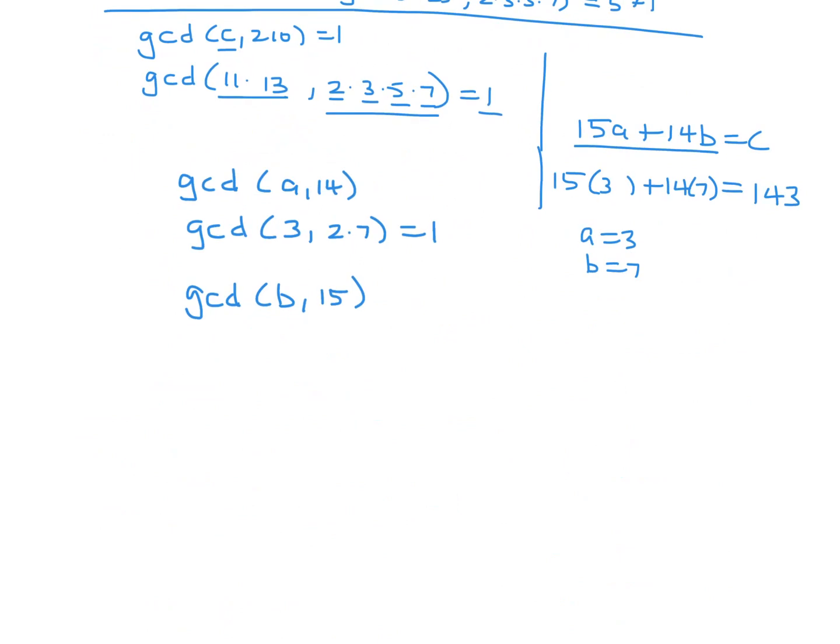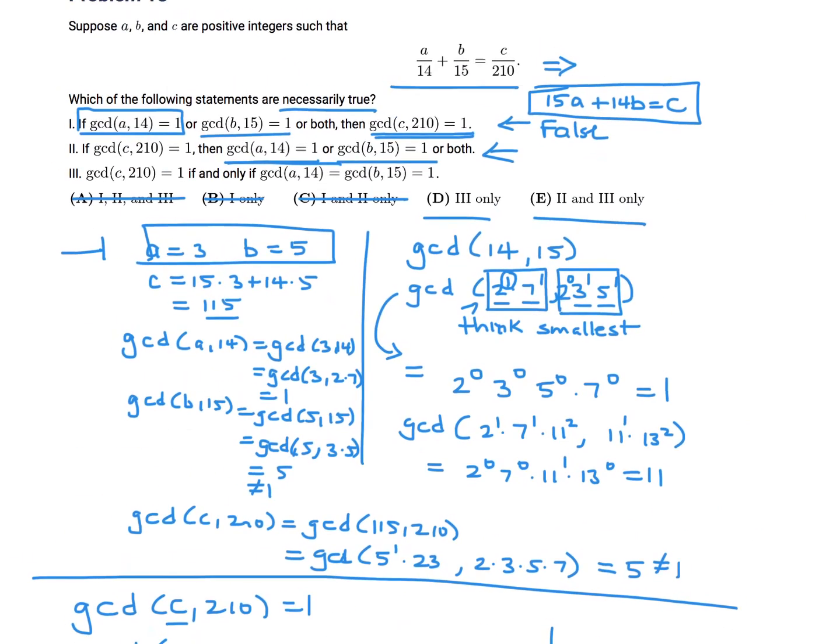That's going to be the GCD of 7 and 3 times 5, and that is also 1. So there you go. This checks out. So that means B is true. As B is true, then 2 is true. Therefore, it's answer choice E, because choice D is basically saying that 2 is false, so it's choice E.